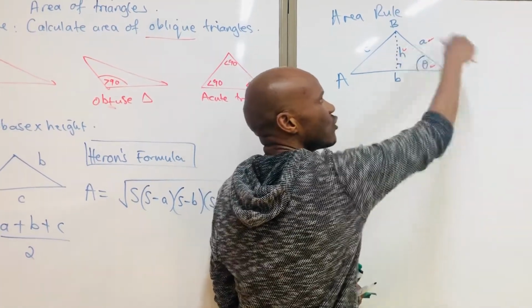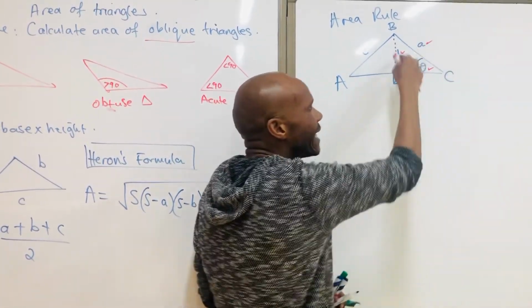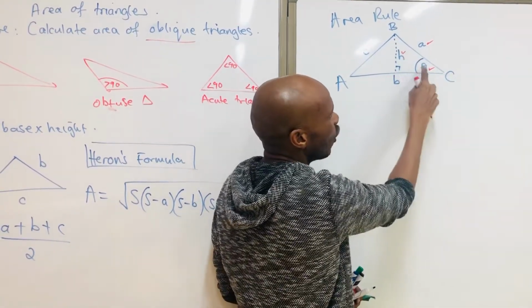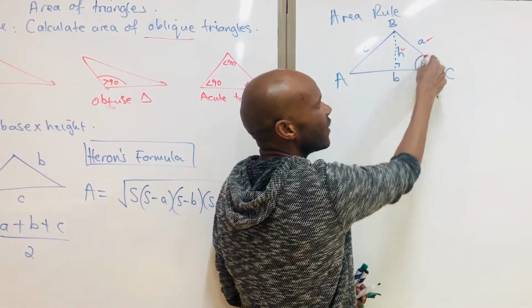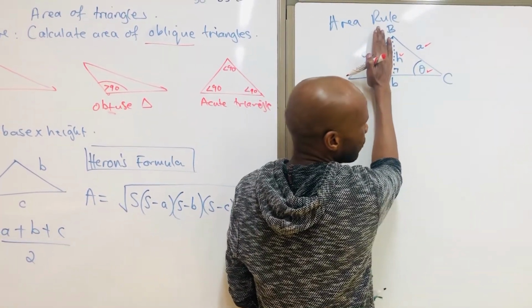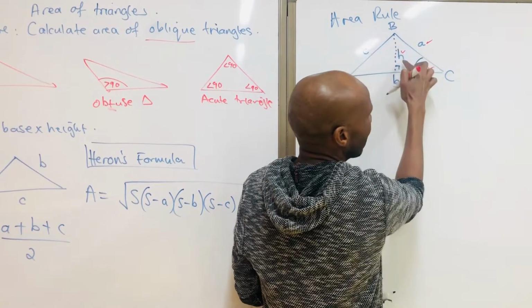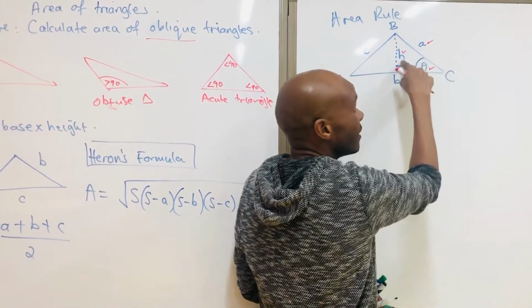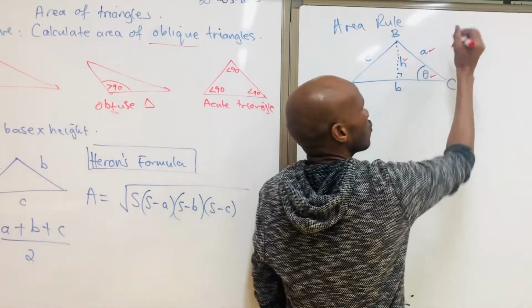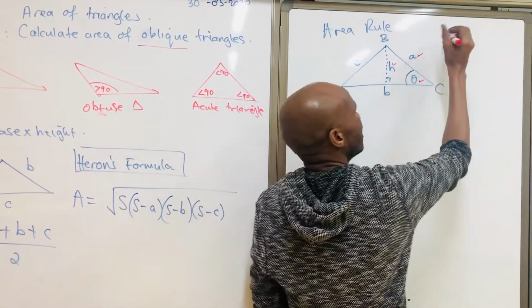Let's talk about these three right now. What is the relationship that these three give us? This h is opposite the angle, and a is the hypotenuse of this triangle.